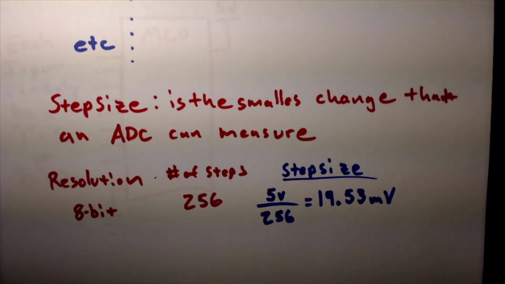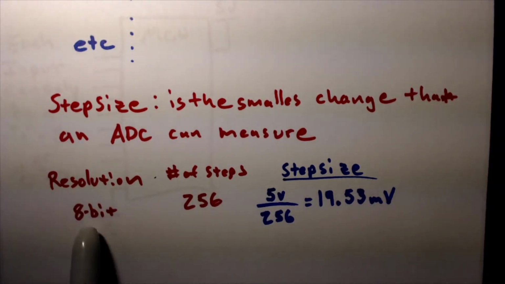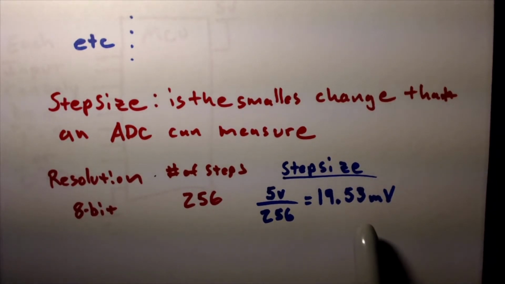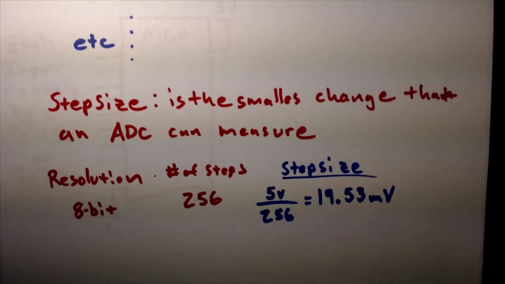So the smallest change that can be measured with this analog digital converter of 8 bits is going to be 19.53 millivolts. So let's go ahead and show what the value would be converted into.